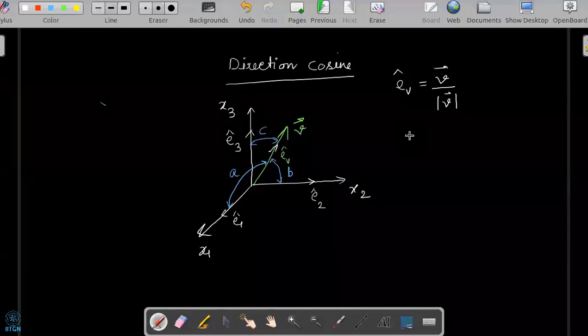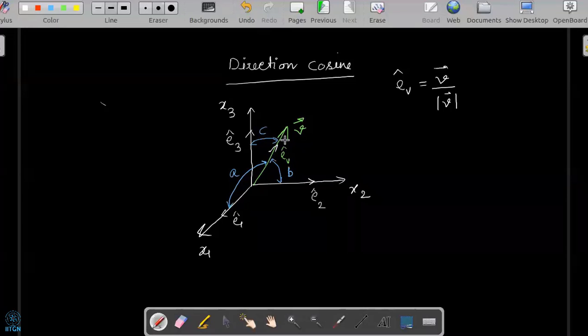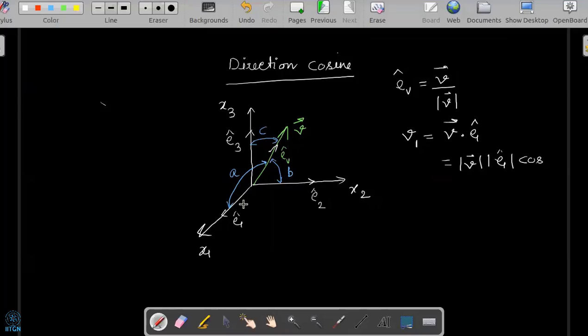Okay. Now, if I want to get the component of this vector along e1, can I write v1 is equal to v dot product with e1 cap, and from our knowledge this is cosine of the angle between these two. The angle between these two is a, and the magnitude of e1 is 1. So it is finally the magnitude of vector v times cos a.